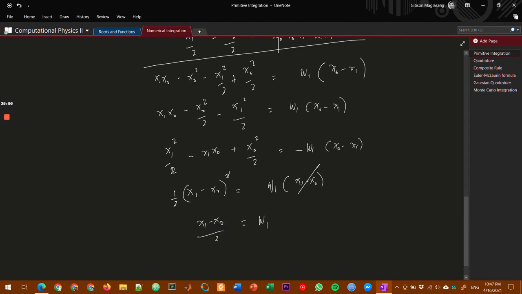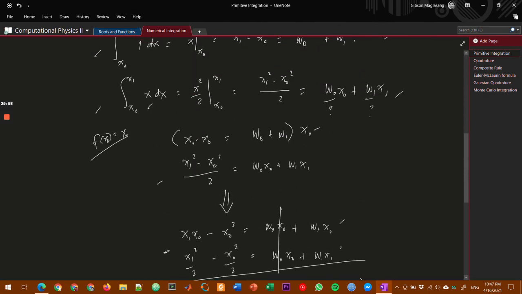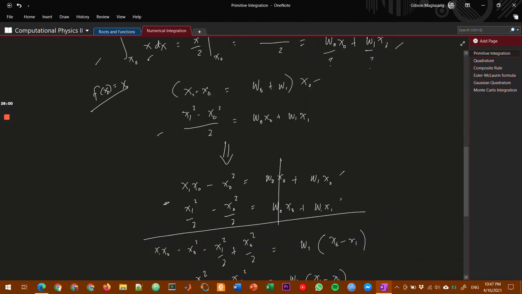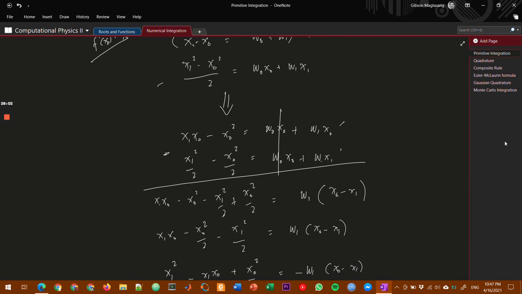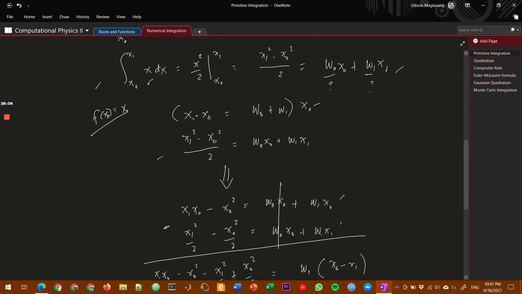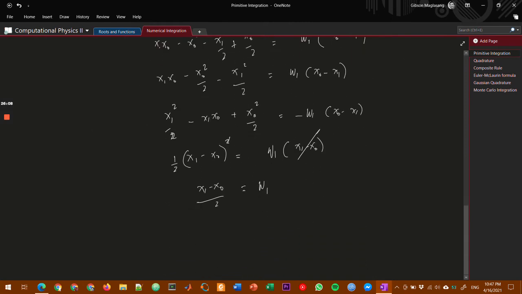And if you substitute it here, gani din here, sa kaning equation to get the w naught, we'll also find that w naught is equal to the same sa w1. Okay, so you got this weight.